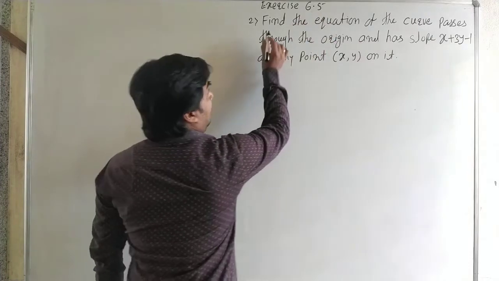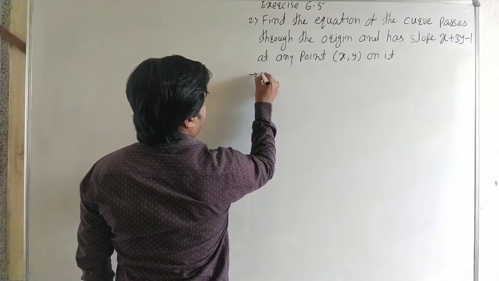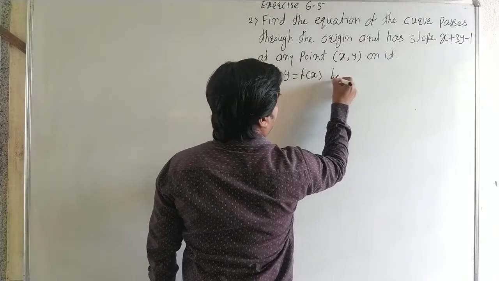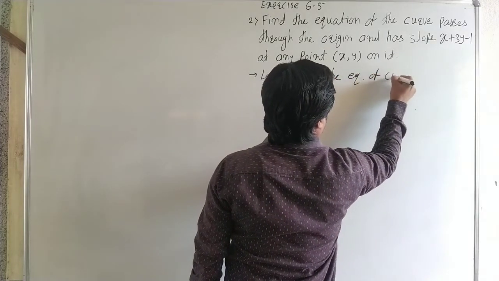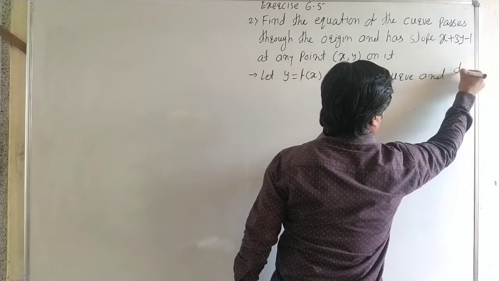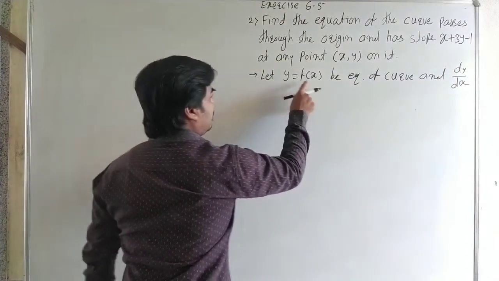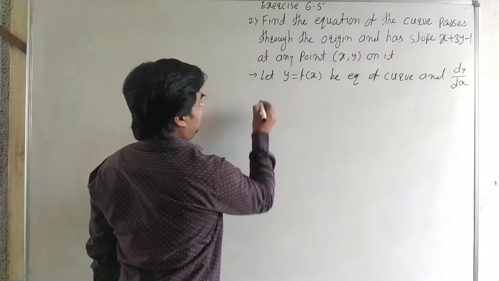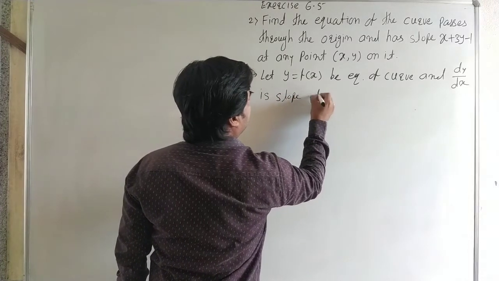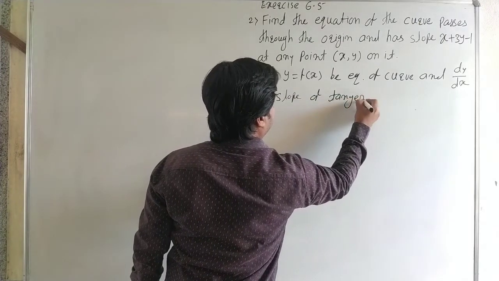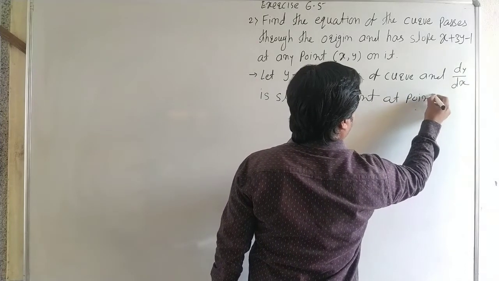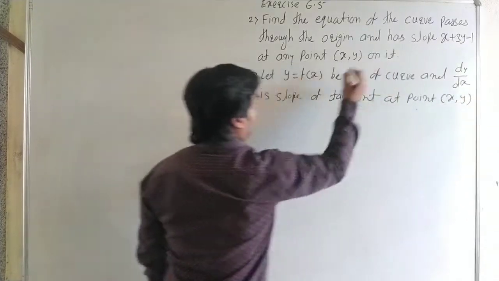Here first we find the equation of the curve. So let y is equal to f of x be the equation of the curve, and dy by dx is the slope of the tangent at point x comma y on the curve.